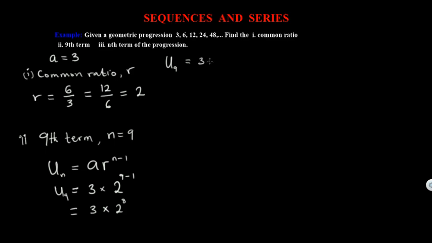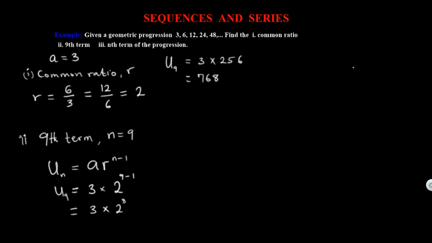That will be 3 multiplied by 256. You can as well confirm that. 256 multiplied by 3, then we have 768, which is the ninth term of this given sequence.